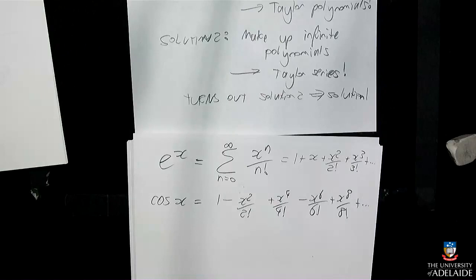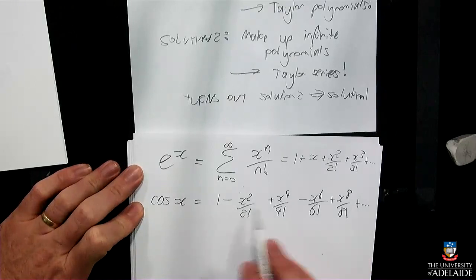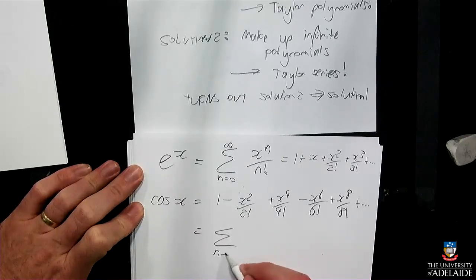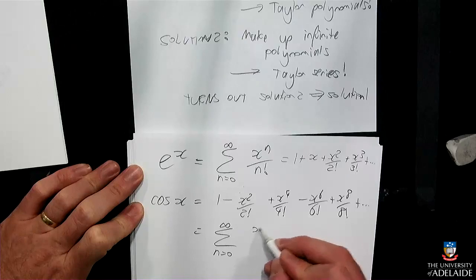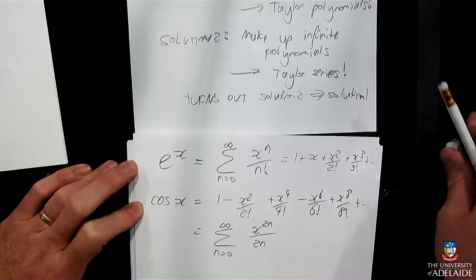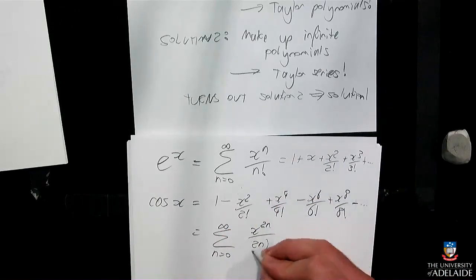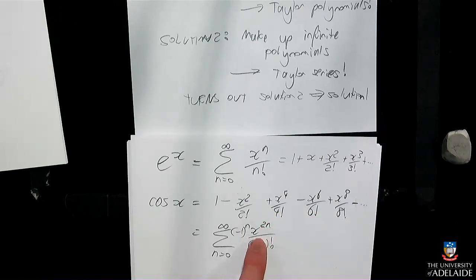These are technically Maclaurin series, Taylor series with center 0. So only even, and they switch between plus and minus, and the shorthand way of writing that is usually like that. So x to the 2n over 2n factorial, the 2 makes it even, and then the minus 1 to the n switches between the plus and the minus.